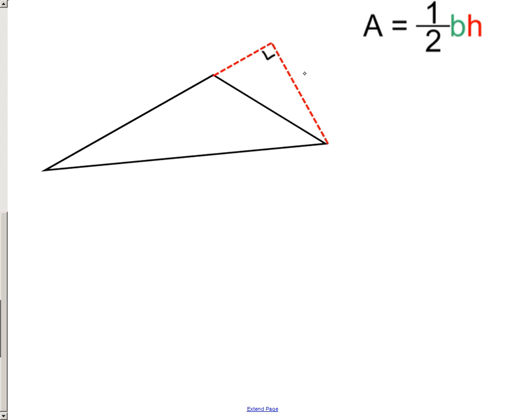Let's just say this is 15. Let's say this is 15.5. Let me put it out there to make it a little easier. Let's call this 29, and let's call this 23.2. So we've got lots of different numbers floating around out here.